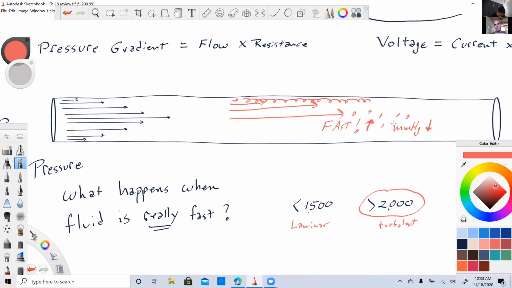Bubbles form because air or gases are dissolved in the water. And if you drop the pressure of water to a certain amount, those gases start to bubble out.